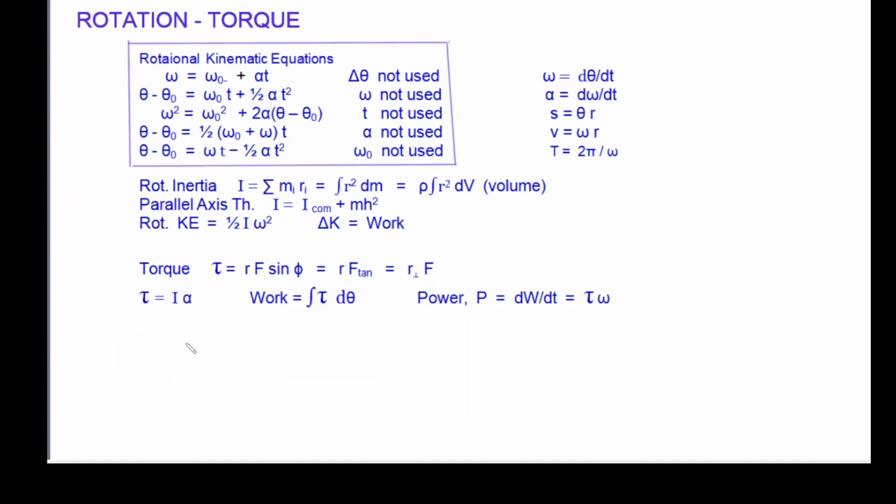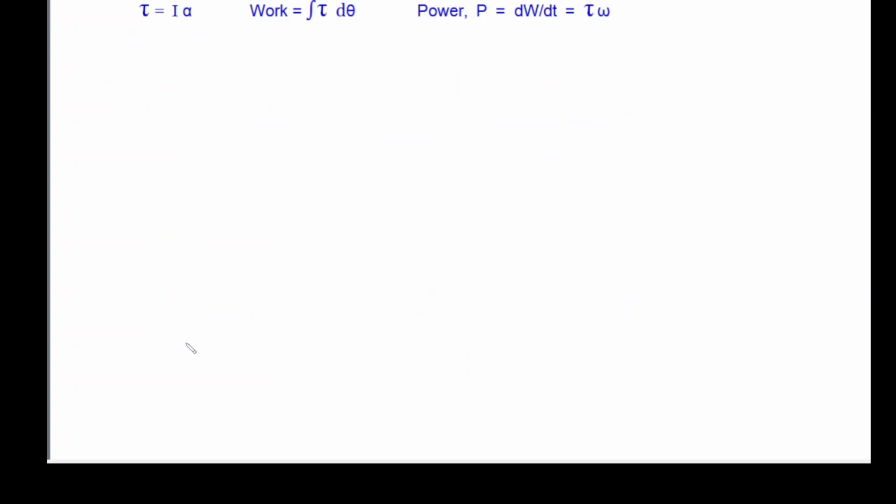Now, the linear measurements during rotation are related to the angular measurements mainly through r, the radius of rotation about the axis. So let's look at these relationships. So let's say we have a rotation, and we have our radius r, we have our velocity, tangential, going that way.